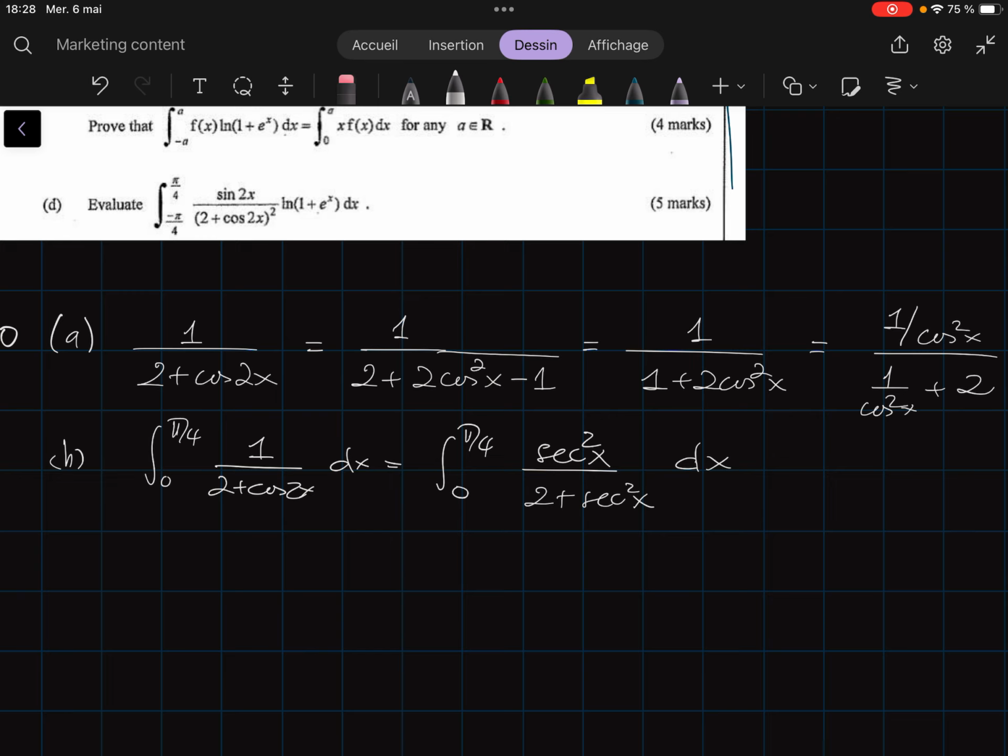Because we could already sniff a substitution in the background. The derivative of tan of x is secant squared. So, would it be nice if we can rewrite the denominator in terms of tangent squared? Secant squared is tangent squared plus 1.